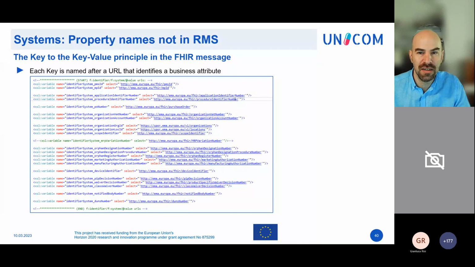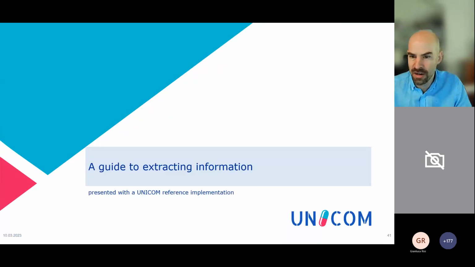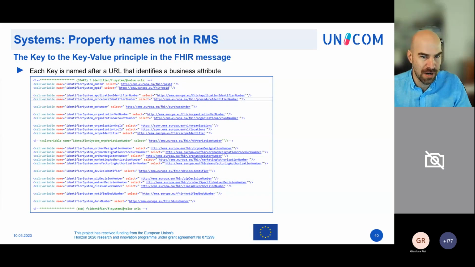Just one last comment on RMS. We are using a lot of RMS lists. Nearly everything is in RMS, and I'm saying nearly. There are some things that are not there, and they're called systems, and we're going to use them a lot in the next slides.